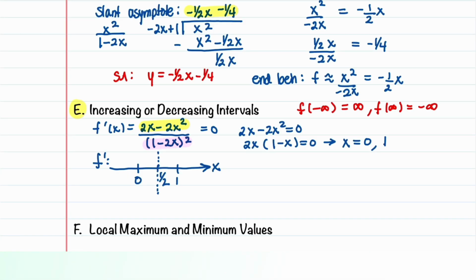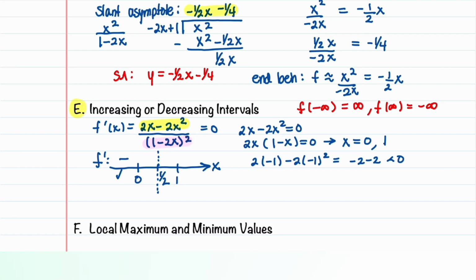Now let's pick a point to the left of 0 and see what our function is equal to. So that is 2 times -1 minus 2 times -1 squared. So this is -2 minus 2. That is negative. So we'll put a negative right here. Now we have to pick a point between 0 and 1/2. So let's pick 1/4.